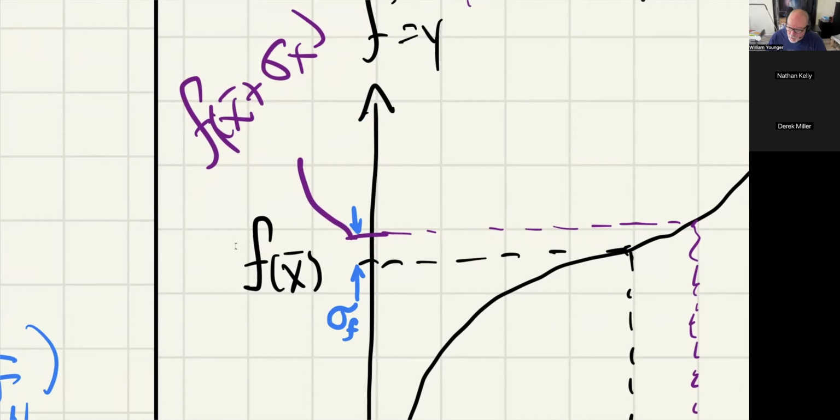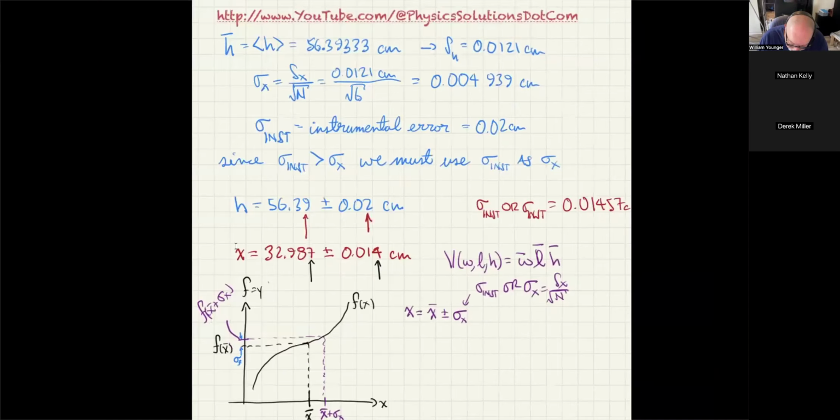In other words, we're taking the error in x and adding it to x, and then we're seeing what becomes of f now that it's f of x bar plus sigma x. And it's that small little difference right there that we should put after the plus or minus in the calculation.